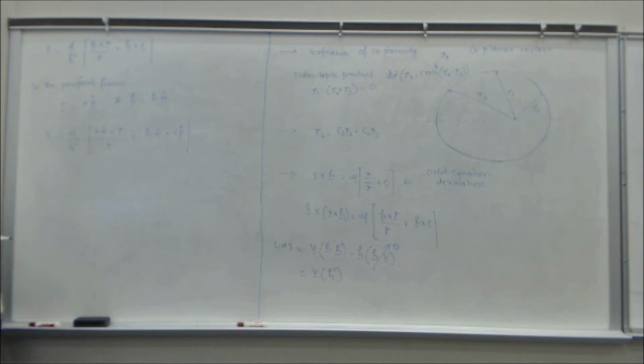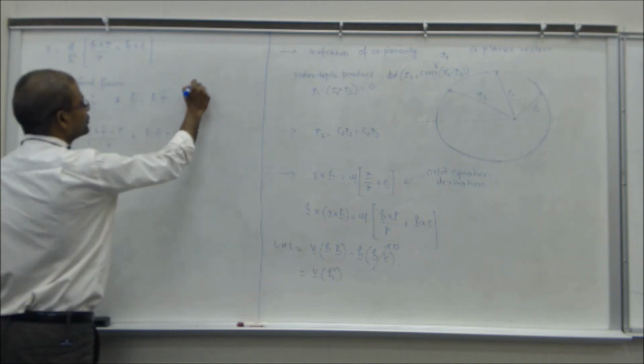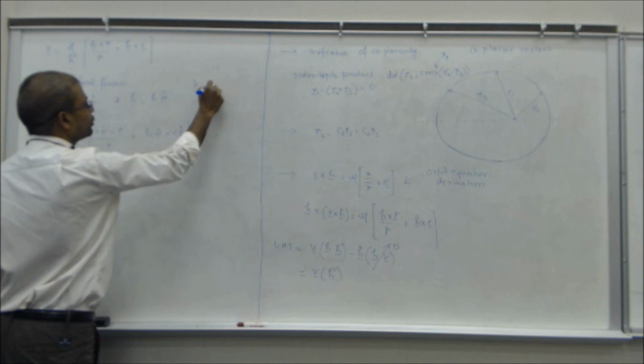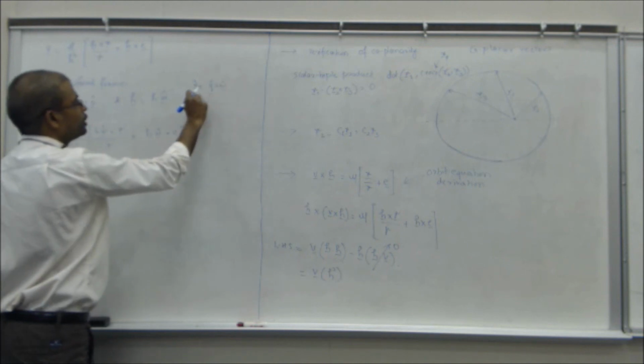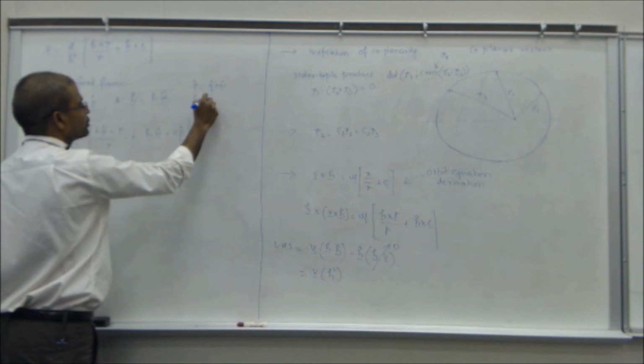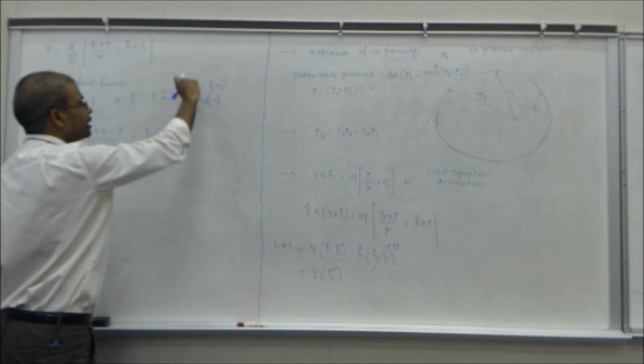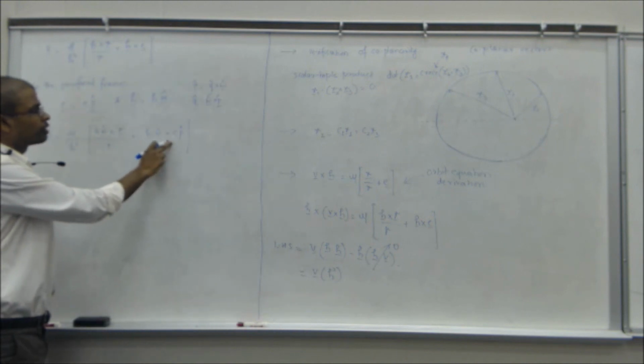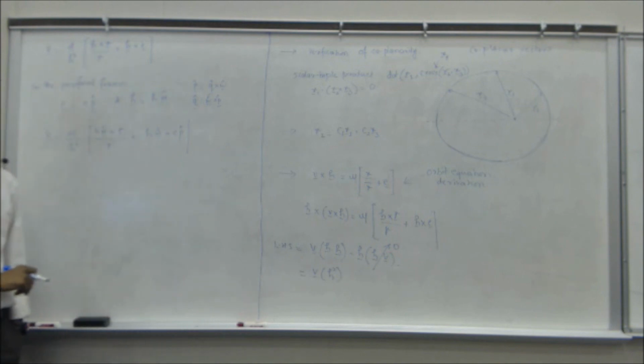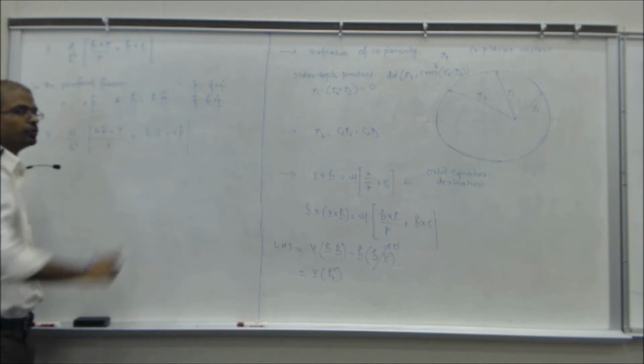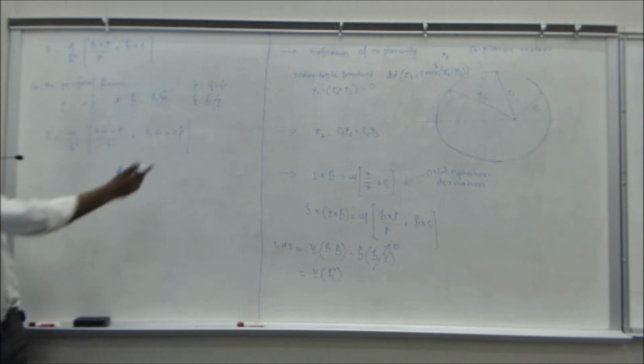Any idea? W cross with P? Q, or it's minus Q. It's not or, actually it's minus Q. It has to be minus Q because you have P is Q crossed with W, right? This order has to be maintained. P, Q, W, or Q is W crossed with P. You cyclically change it. Okay? So you have W crossed with P. You're right, actually. It is Q. W crossed with P is Q. Okay? This order has to be maintained.